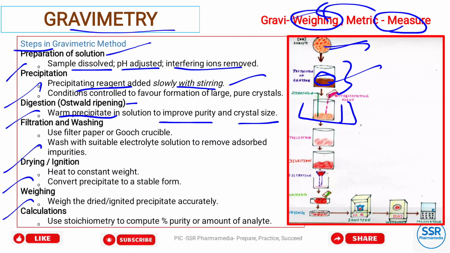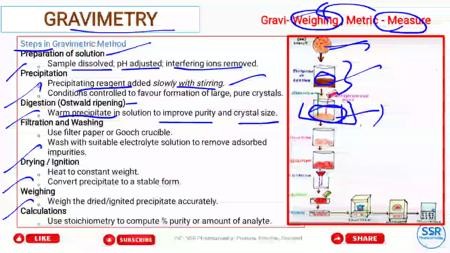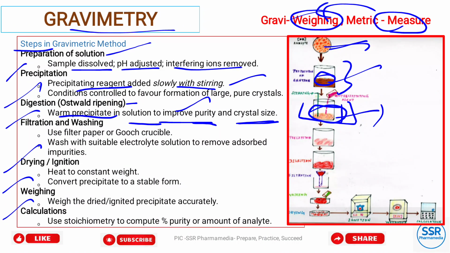The mother liquor is the solution where we dissolved the sample and added the precipitating reagent. The formed crystals, the precipitate, are allowed to stand overnight or for 24 hours in that mother liquor. Then the warm precipitate in solution will increase the crystal size and reduce the impurity, so it improves the purity.